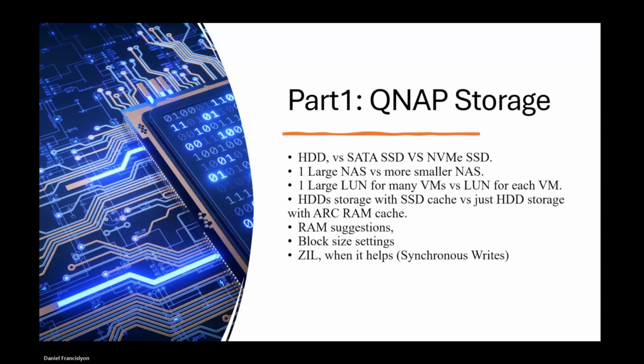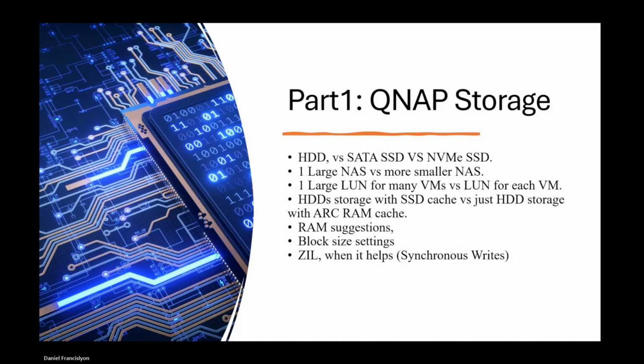Something else to consider for your storage is, do you want all your VMs on one NAS or not? If you have, say, 20 VMs, we suggest probably one LUN per VM. So when you have 20 LUNs, you're free to put 20 LUNs on one NAS, split them on two NAS, or split them on four NAS. It's up to you. But if it's all on one NAS, then all those LUNs share the performance of one NAS.